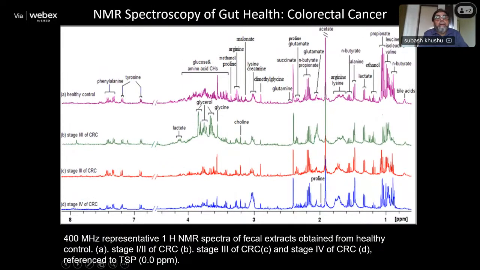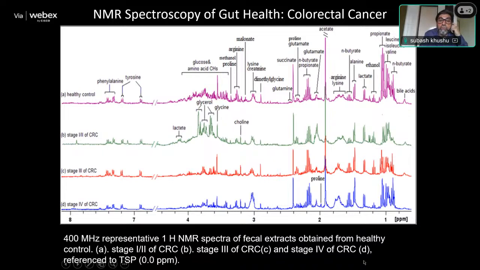Nowadays we talk a lot about gut health, because people now talk about the gut-brain axis, where people feel gut health is most important for our mental and physical well-being. So NMR spectroscopy has been used for looking at gut health in colorectal cancer.